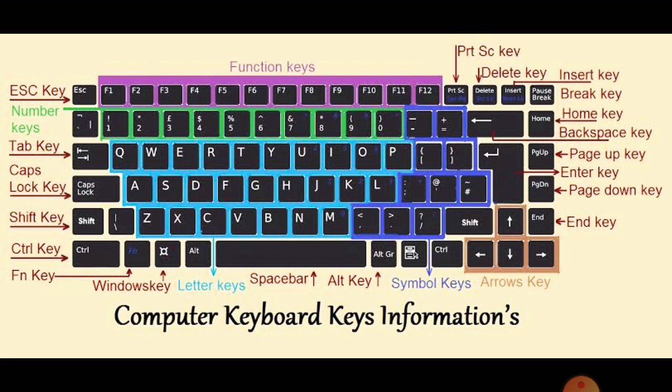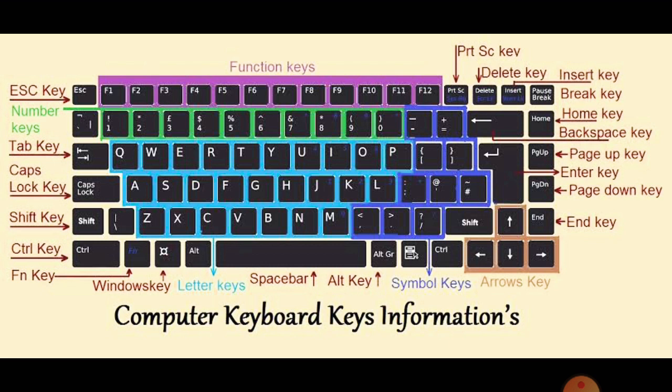And now some keywords given in the book: WPM, that is words per minute, CPM, characters per minute, CPS, characters per second, KPM, keystrokes per minute, and KPS, keystrokes per second. So children, you should learn all these keywords. It is very important for the exam and for knowledge.